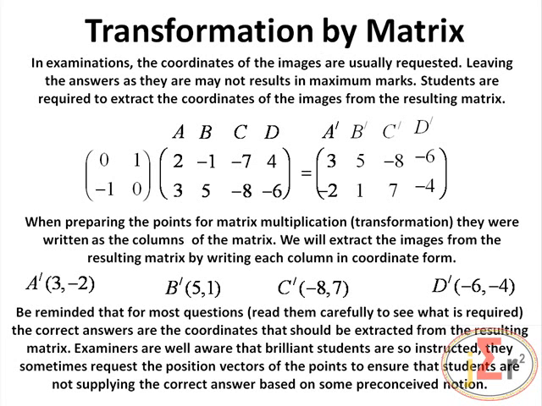So, read the question carefully. Most times, it is the coordinates that are required, but I've seen a few cases where the examiners have requested the position vector of the points also.